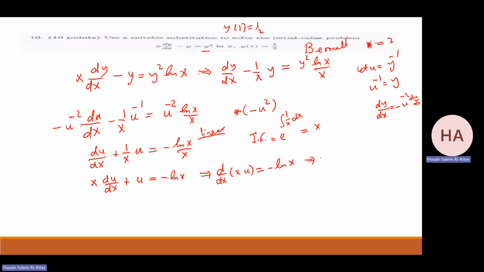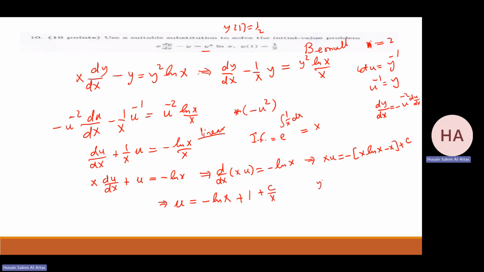Integrate, I have xu, yeah, I know this, x ln x minus x plus c. So that means u equals what? Multiply by x, u will be equal to minus ln x plus 1 plus c over x.